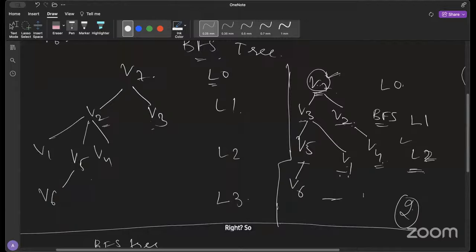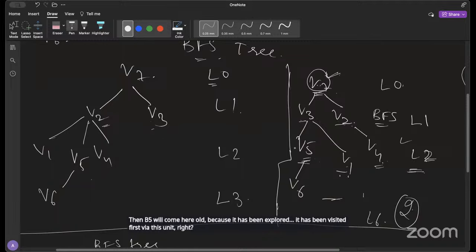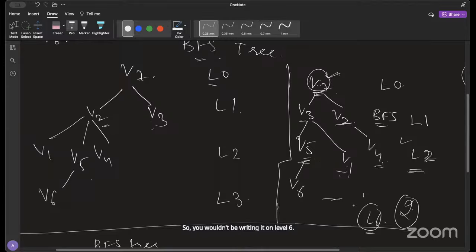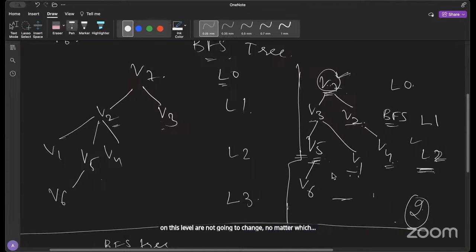If V5 was connected to some other vertex on level 6, V5 will come here only because it has been visited first via this route. So you wouldn't be writing it on level 6. It will come here only. So the vertices on this level are not going to change, no matter which route you choose. Got it.